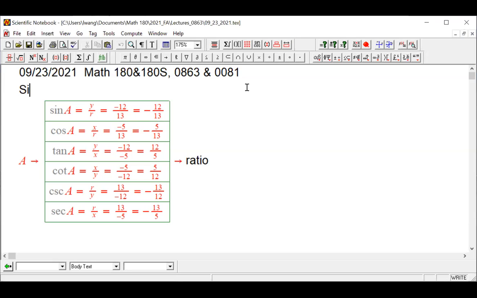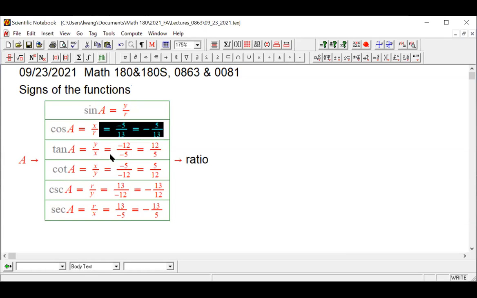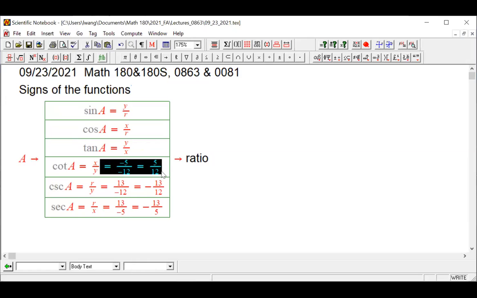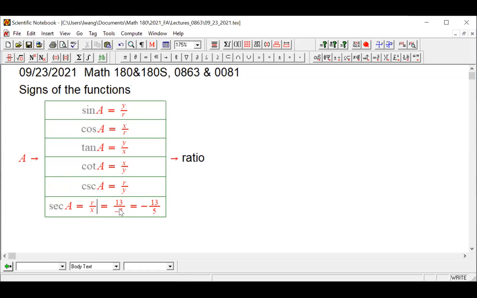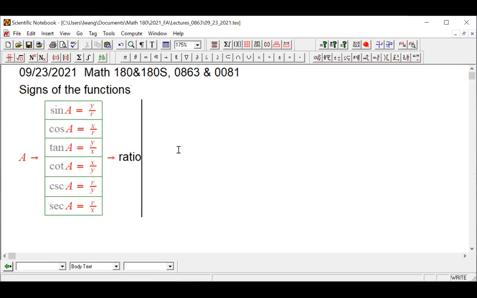So about the signs of the trig functions. In order to determine the sign of the function, I'm going to remove these special cases. And I want you to refer to the examples we just did. And what is more, we're going to start with the quadrant.